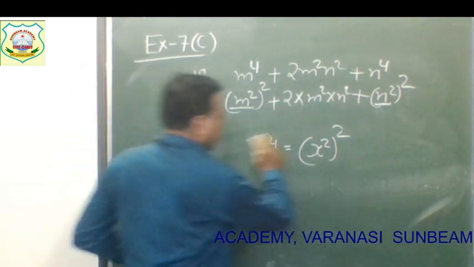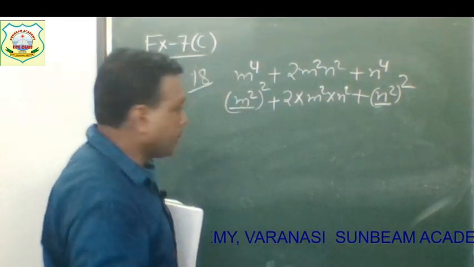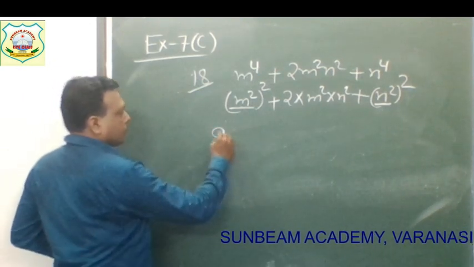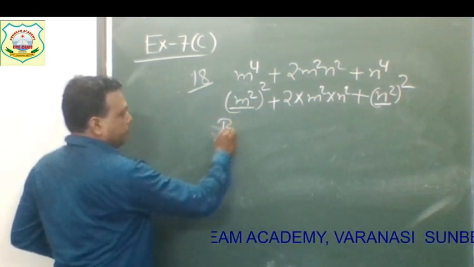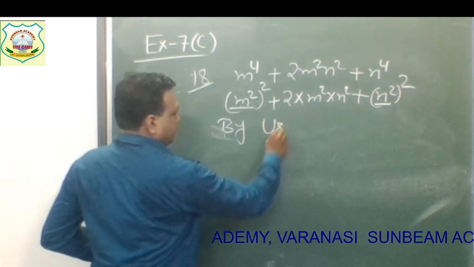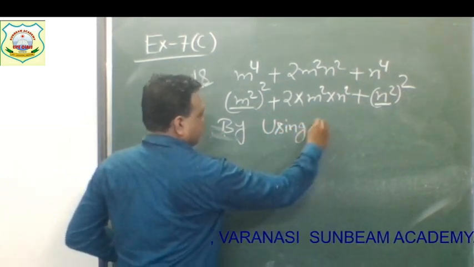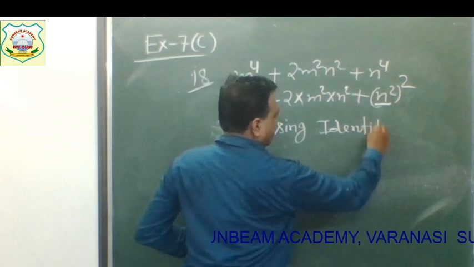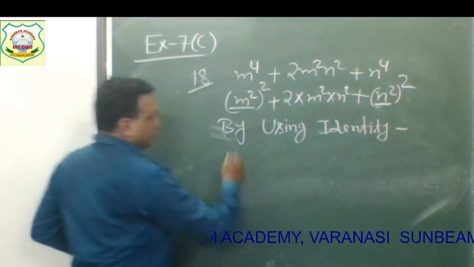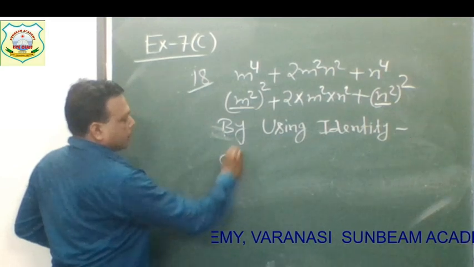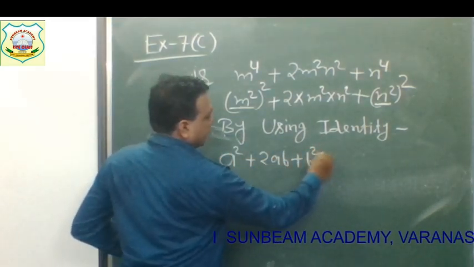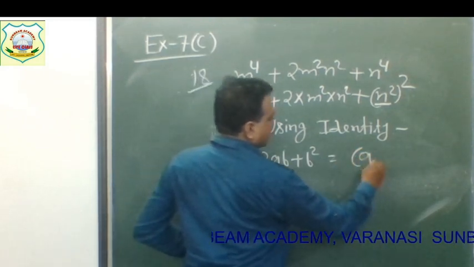Now you know what identity we will use? By using the identity a square plus 2ab plus b square, that is (a plus b) whole square.